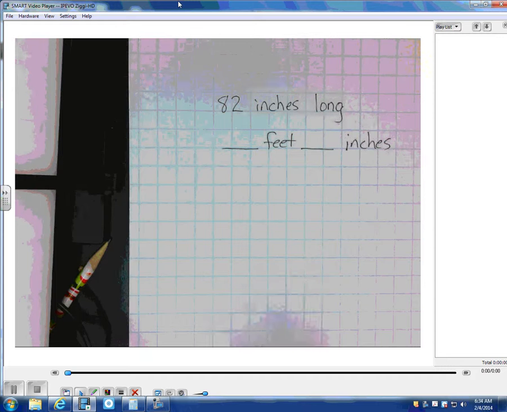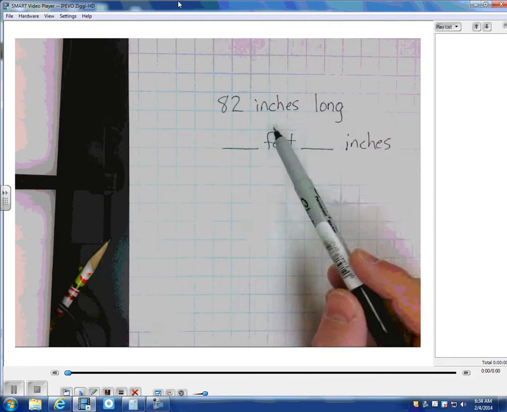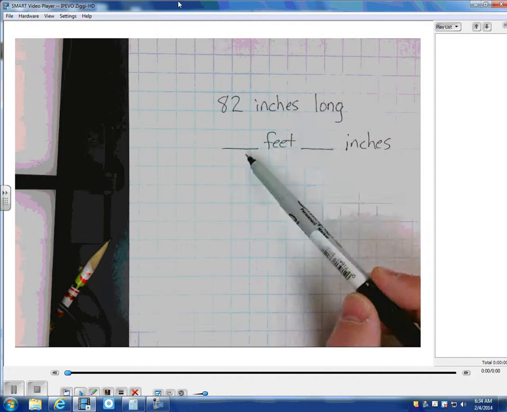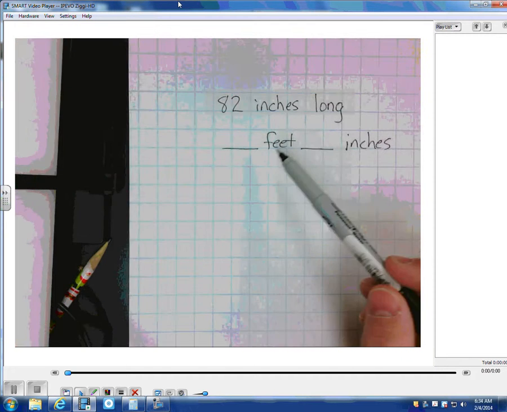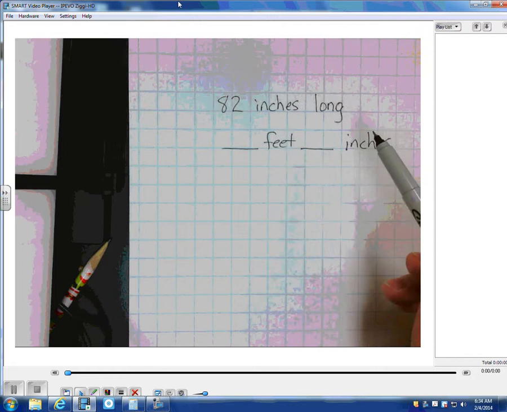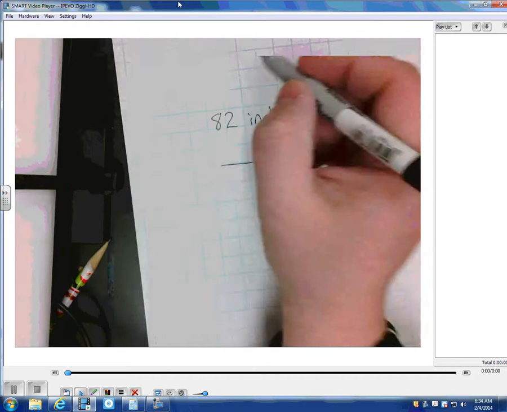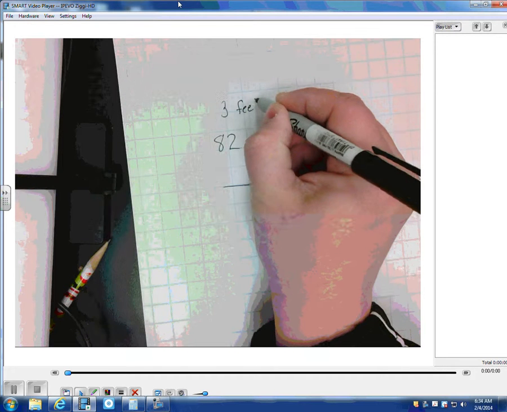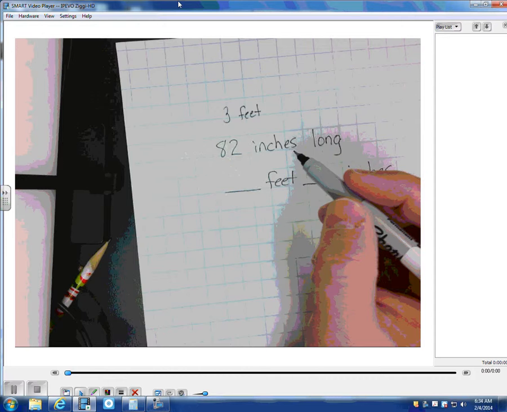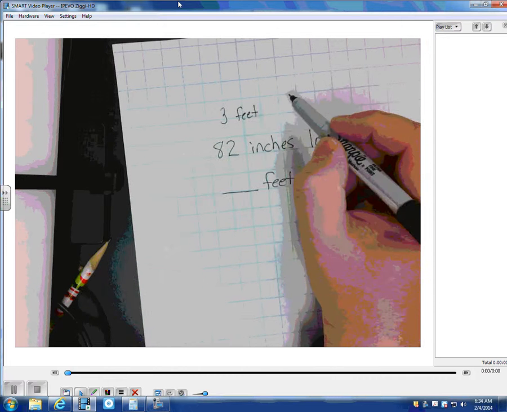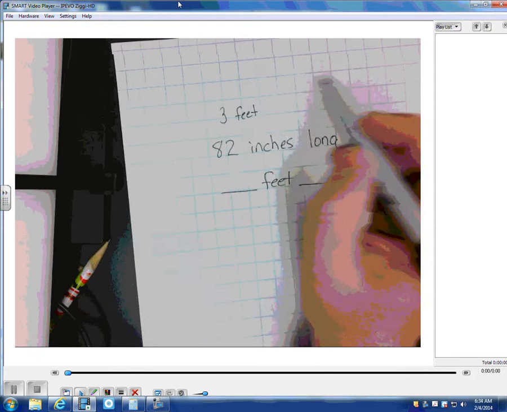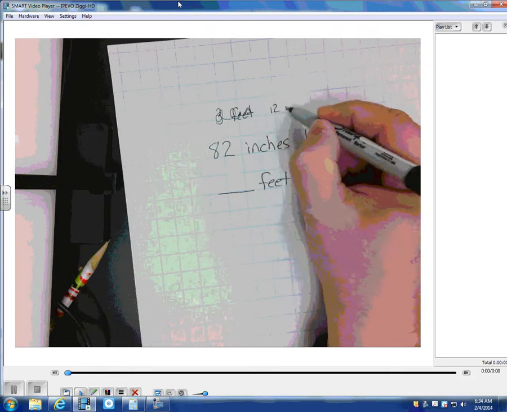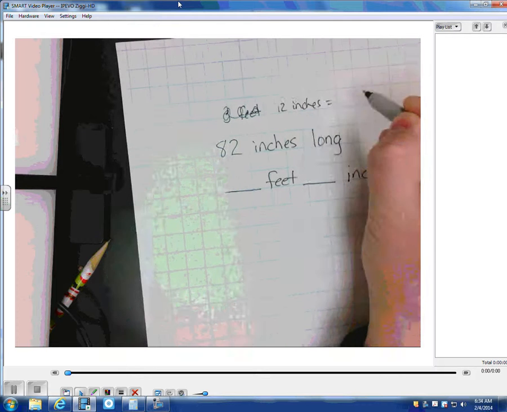It's 82 inches long. And now we have to, again, just like the previous problem, convert. We have to convert the inches to feet, and then the remainder will give us the inches. So I know that 12 inches equals 1 foot.